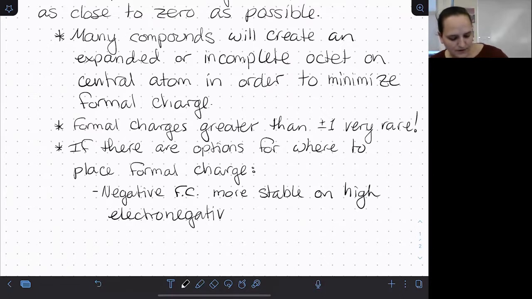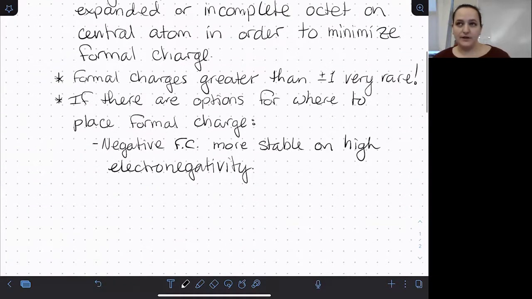Those elements are better able to accommodate that extra electron density because they want to attract electrons towards them anyways. Negative formal charges mean there are extra electrons around, so they're going to be more stable on something that is highly electronegative.